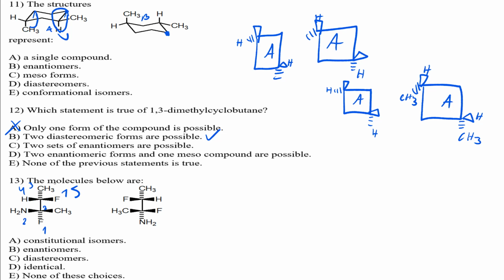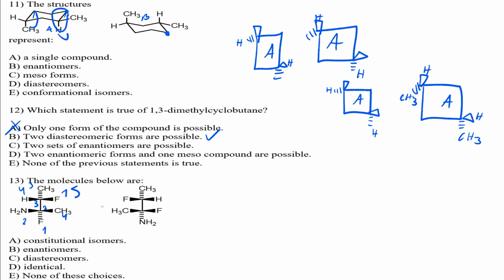So that's going to be 3. That's 4. So 1, 2, 3, right there. But look, over here, methyl is my lowest priority group. It's number 4. It's also on a wedge. We didn't have a hydrogen that time, but we had a methyl group.